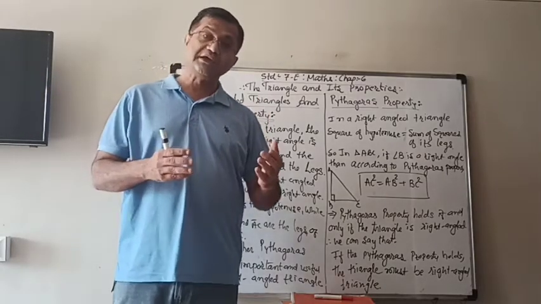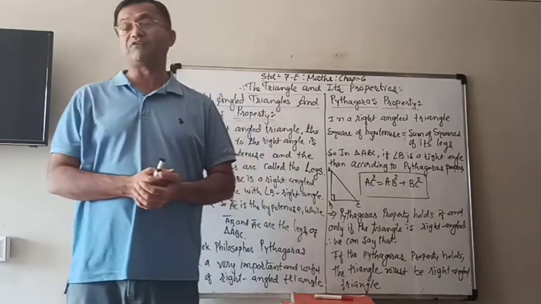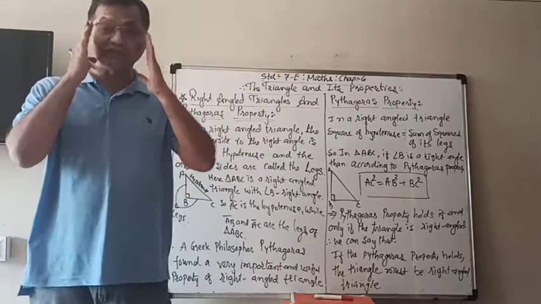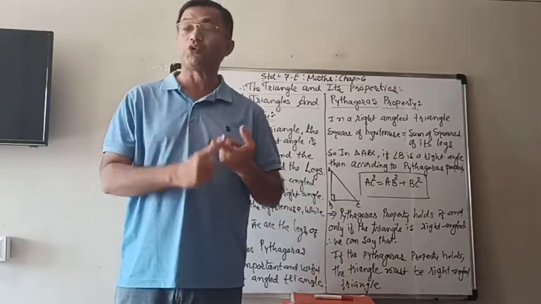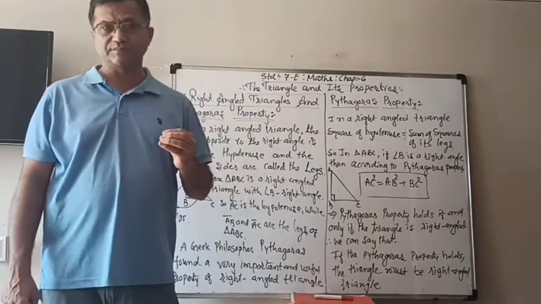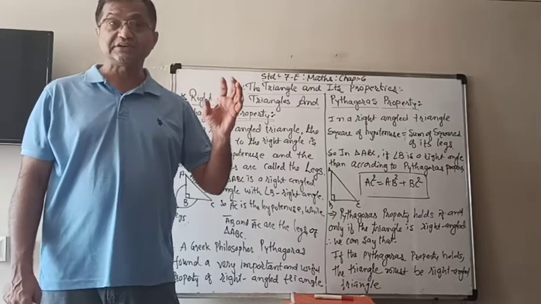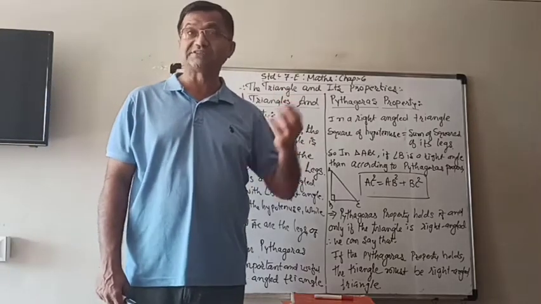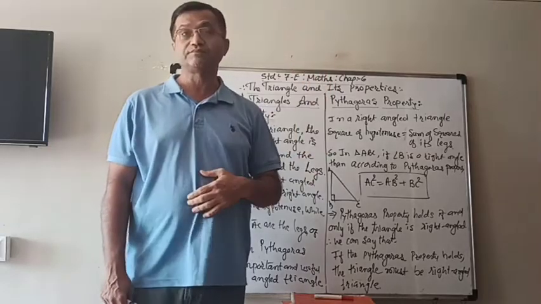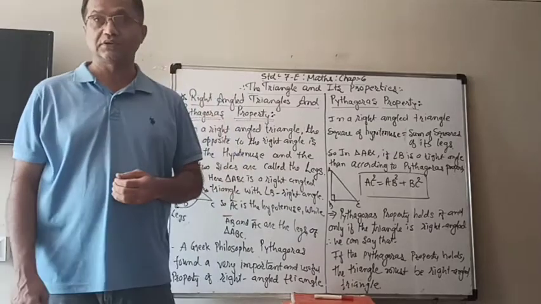As he discovered it, in his honor the property is given the name Pythagoras property. In the higher standards it is given proof also as a theorem that you will learn in standard 10th. It is proved step by step.